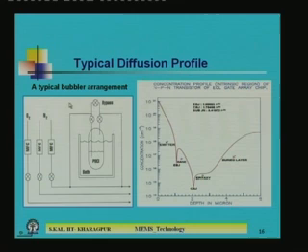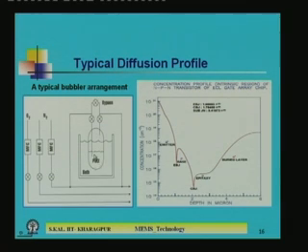On this side, a bubbler arrangement is shown, through which you can push dopant atoms in the form of gas, which flows into the tube. For example, for phosphorus diffusion, one of the liquid sources is POCl3, phosphorus oxychloride.